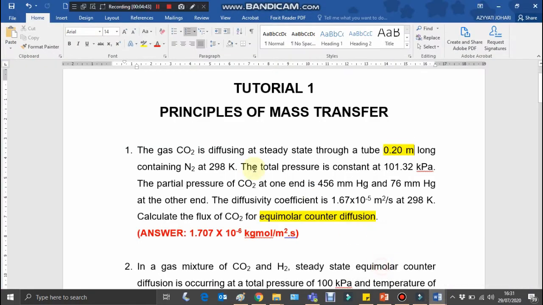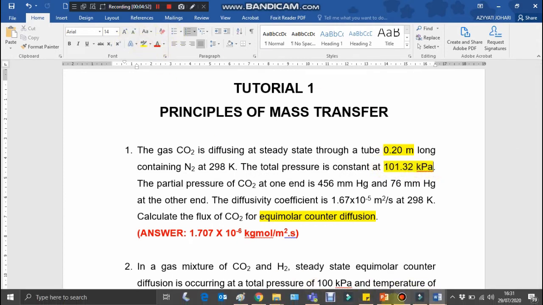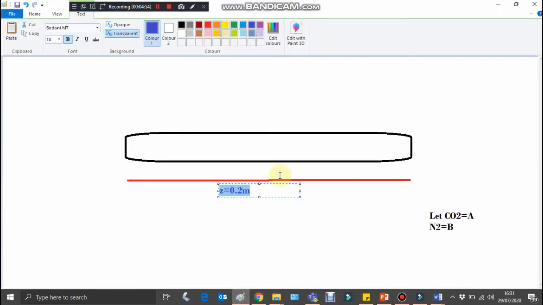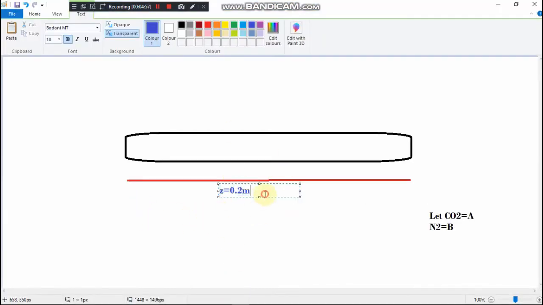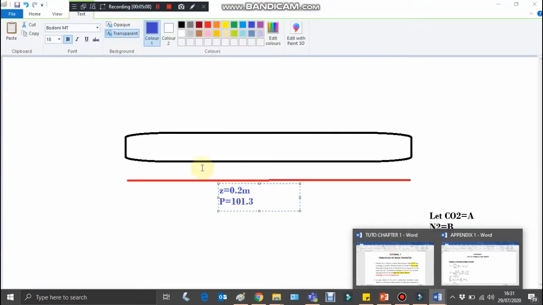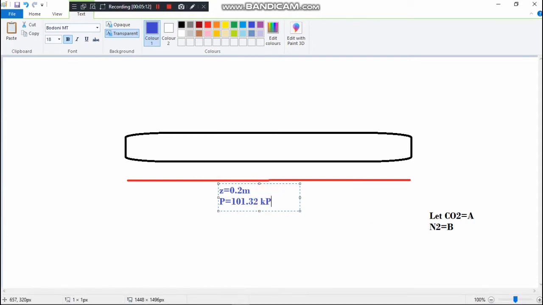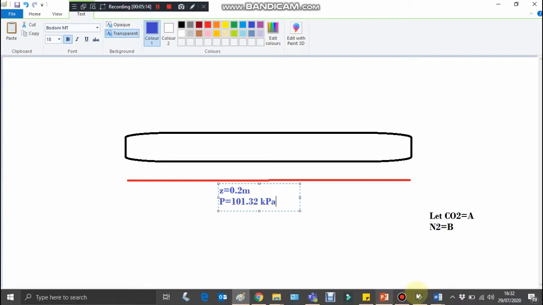The question gives you the total pressure is constant at 101.32 kPa. So the total pressure is given; write down under this condition the total pressure, P capital, is 101.32 kPa.